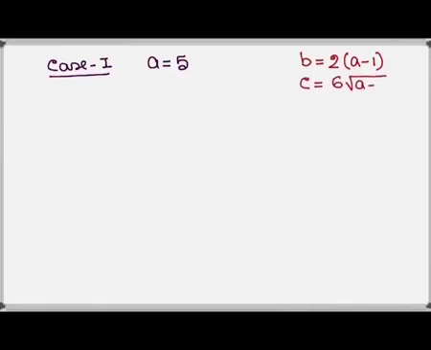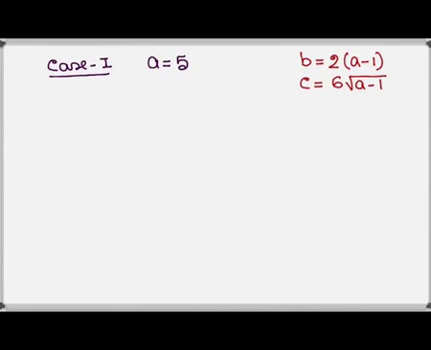Let us take our first case to be a is equal to 5. We know that b is equal to 2 into a minus 1 and c is equal to 6 into square root of a minus 1.